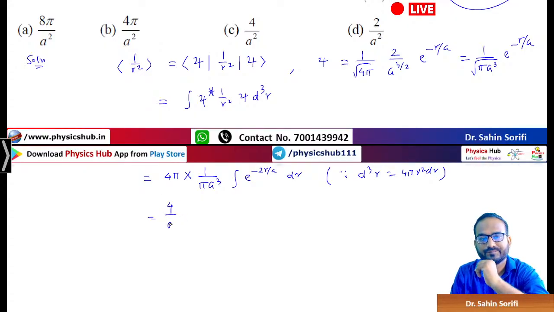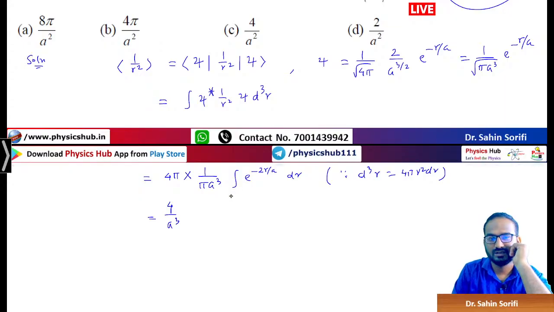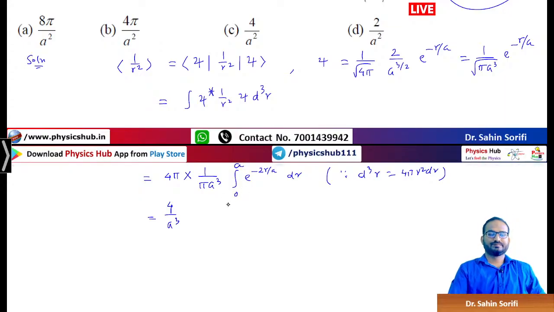Another thing, the limit of r is from 0 to infinity.